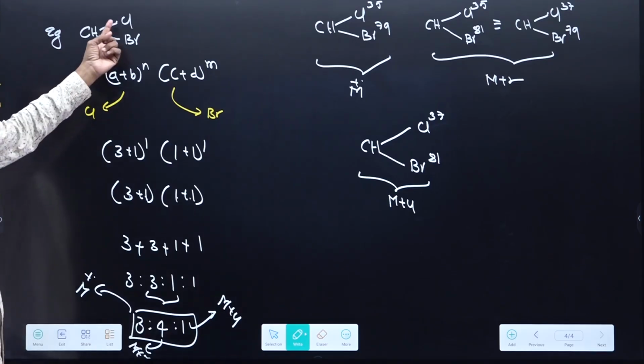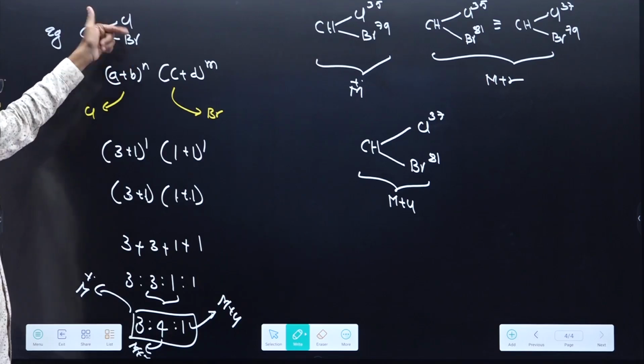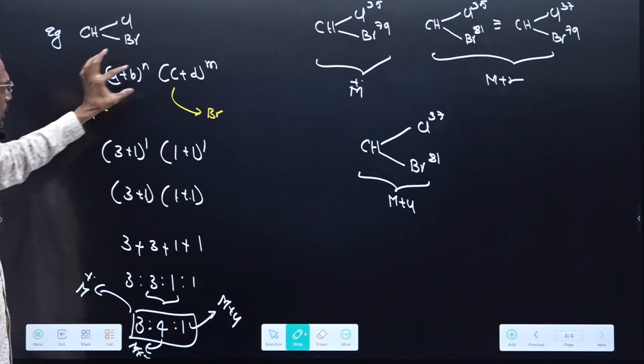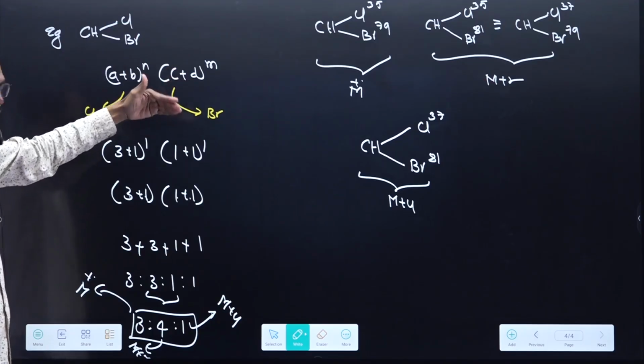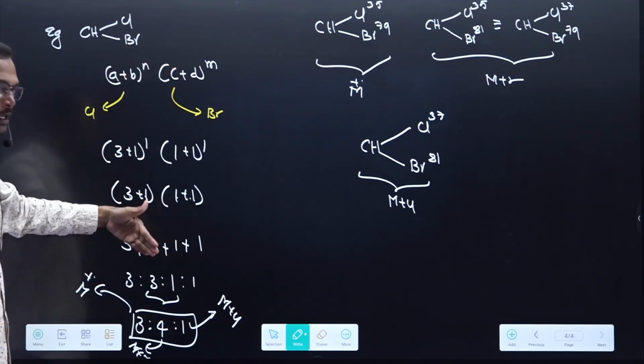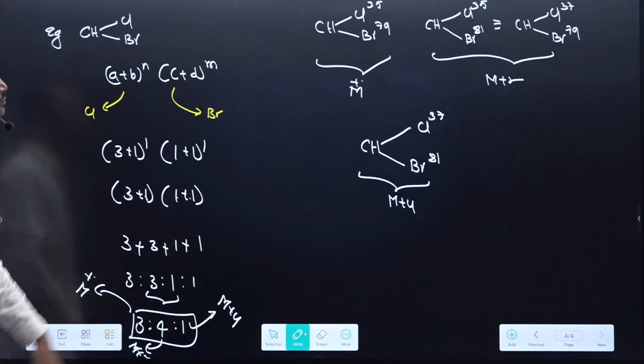Even if it is one chlorine, two bromines, or two chlorines, two bromines, you need to apply first chlorine, next bromine. You multiply with this, and based on the possibilities, the middle numbers you need to add.